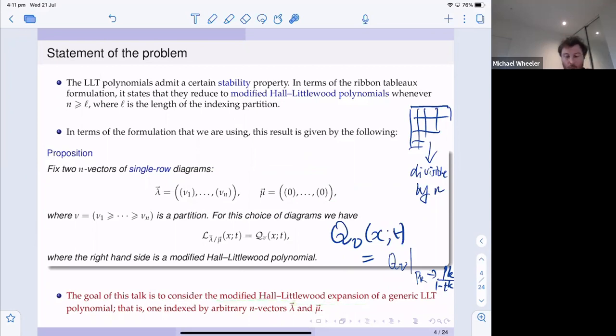And so in a sense, what this does is extend this stability result. This result here is telling you that for a very particular choice, you get down to a single modified Hall Littlewood polynomial, but we sort of want to perturb now away from this and look at the case where you do not have the stability property.